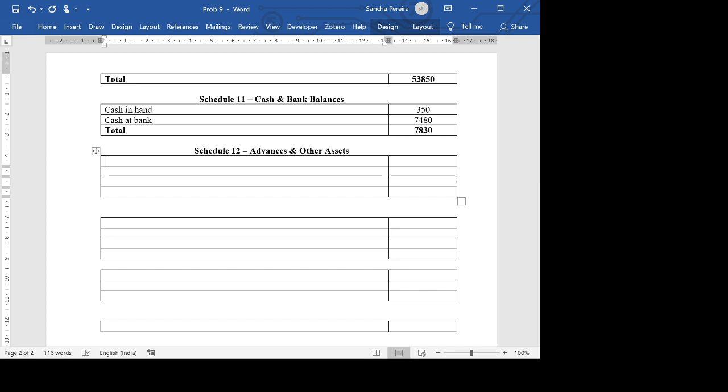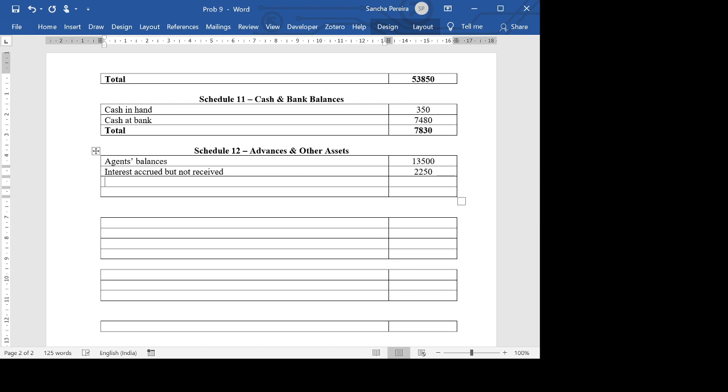First thing we have is agents balances. Agents balances, which is a debit balance. That's why we are taking it here. Credit balance would have gone under other liabilities, current liabilities, sorry. Then interest accrued but not received, which is 2250.